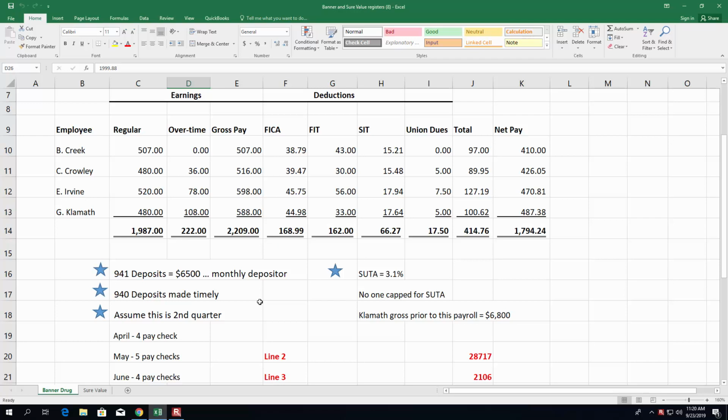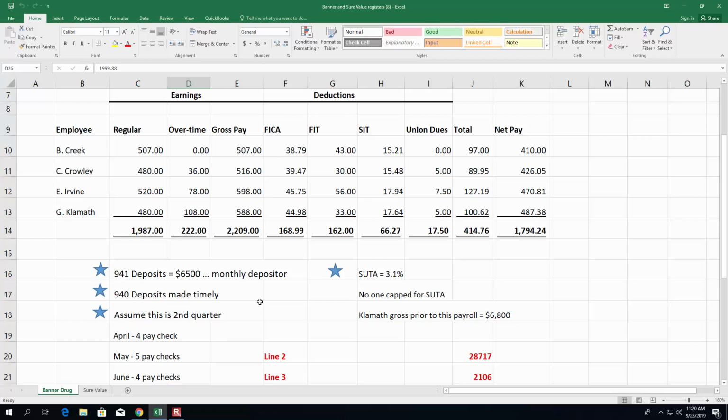This wouldn't really happen in the real world, but we're going to assume that the regular and the overtime are the same week after week after week. So how many paychecks are there if you pay weekly in a quarter? There's 52 in a year, divided by 4 equals 13.